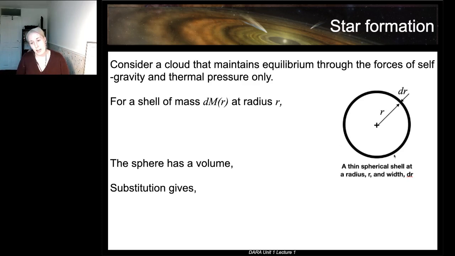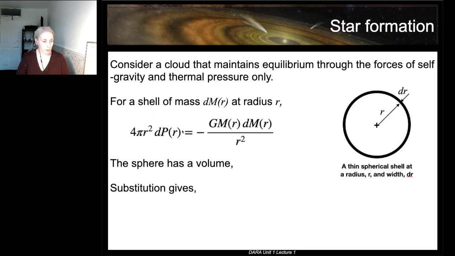And we can take a thin spherical shell of this cloud that has a width of dr at a radius r away from the center. And this shell of material has a mass of dm of r. So we can write down the balance of these 2 forces. We have the pressure force acting outwards, which is 4πr² dP of r. So this is the area multiplied by the pressure effectively. And then we have the force due to gravity acting inwards, which you can see here is the gravitational force term, hopefully, that you recognize.